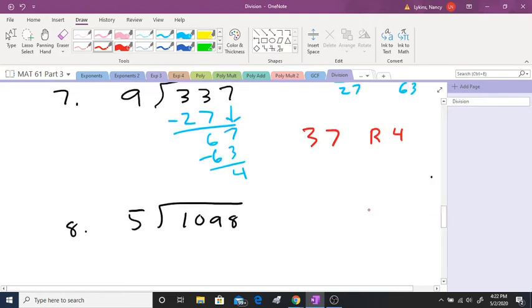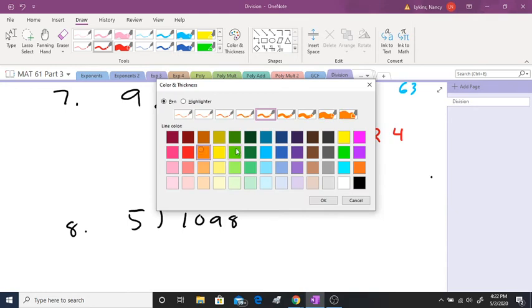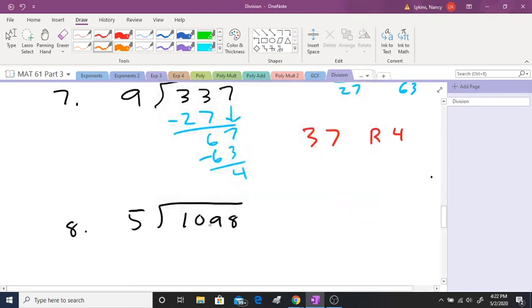I'm going to get a larger number. I want to put a single digit into 1,000. So how many times does 5 go into 1,098? Well, 5 goes into 10 perfectly, goes in twice. I'm going to subtract, 0. I'm going to bring down my 9. 5 goes into 9 one time. 1 times 5 is 5.